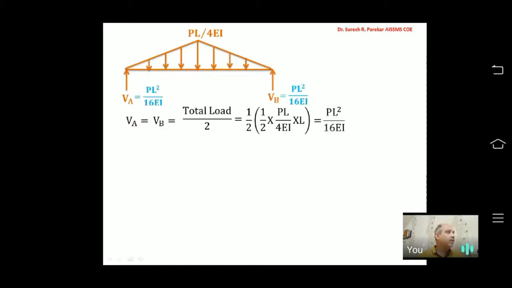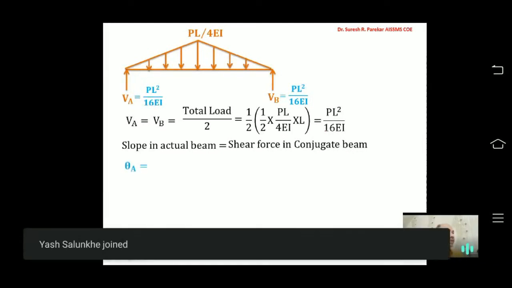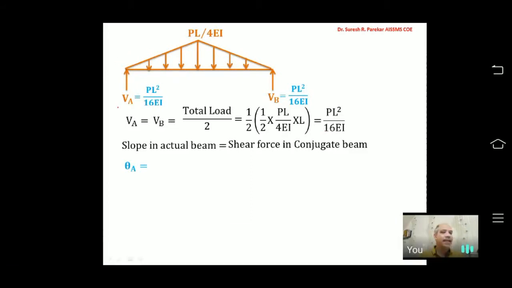Now if I go to slope in the actual beam, that will be shear force in the conjugate beam. Let us find it at A. So theta A is equal to VA, which is PL square upon 16 EI.